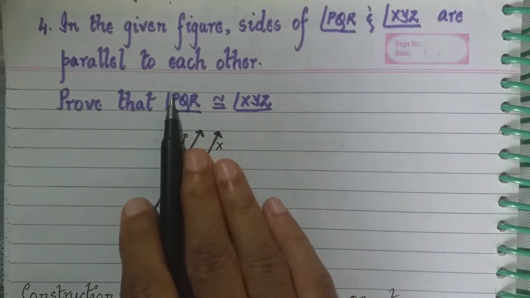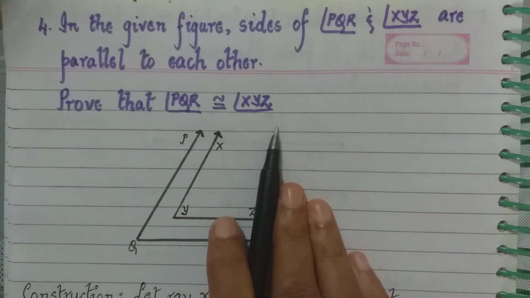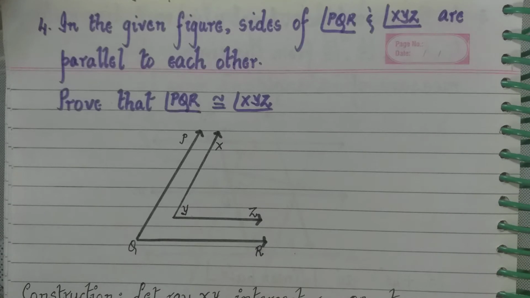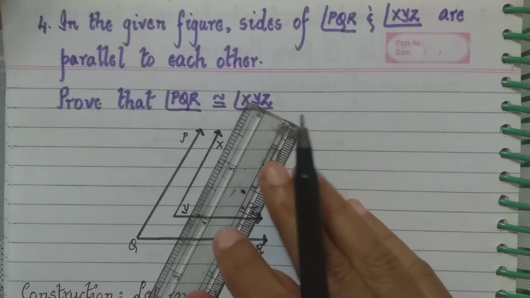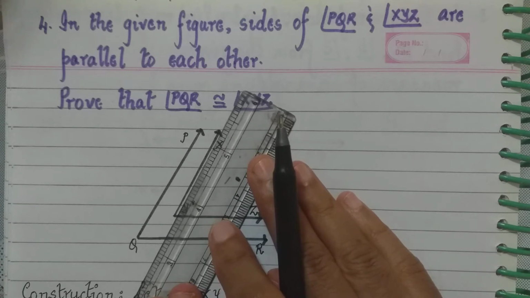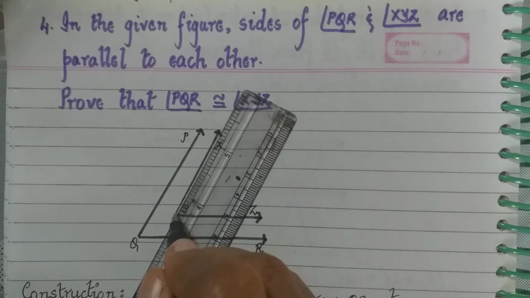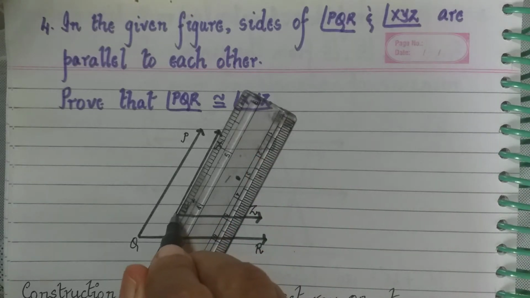Now to prove this, that angle PQR is congruent to angle XYZ, we do a small construction, that is we extend this ray XY downwards such that it meets this angle.